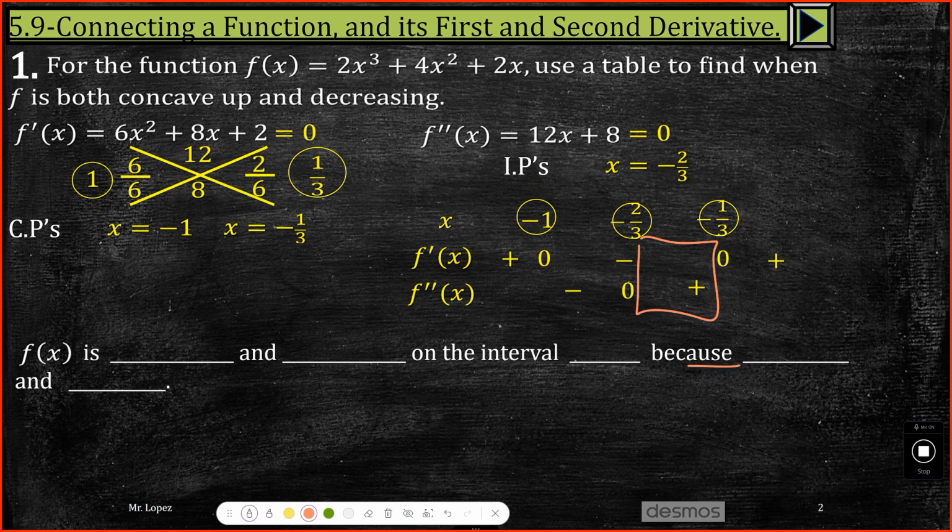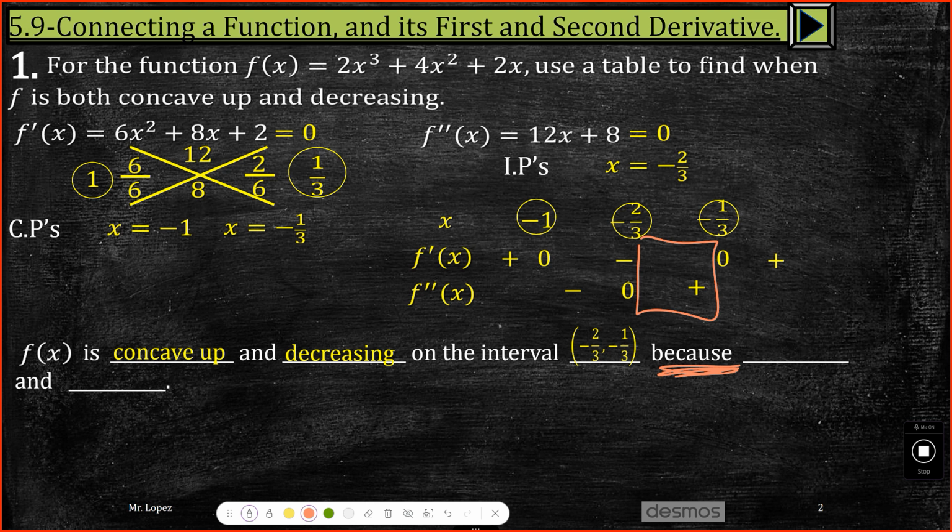So f of x is both concave up and decreasing on the interval, what? Negative 2/3. Are we going to use brackets or parentheses? Parentheses. So negative 2/3 to negative 1/3. Because why?